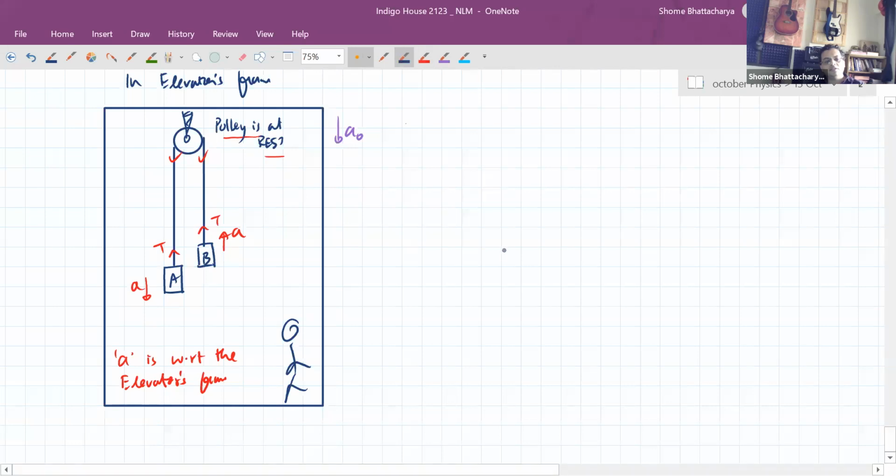So in the elevator's frame, let's make the free body diagrams. So this frame is accelerating downwards at a0. So whether we are making A's free body diagram or B's free body diagram, both of them will experience pseudo force. Both of them will experience pseudo force in the downward direction because the acceleration of the frame is upwards.